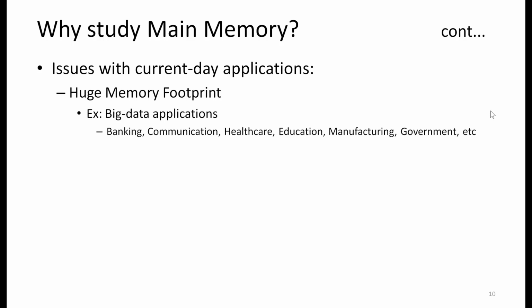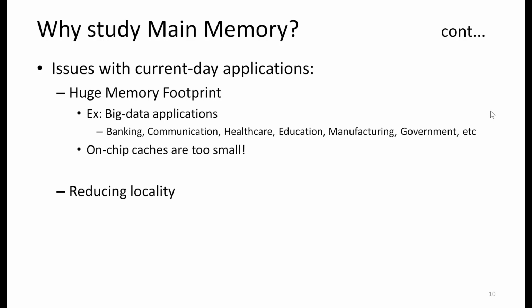They are widely deployed in banking, communication, healthcare and insurance, education, manufacturing, government, trade, etc. Everywhere we have these big data applications which have a huge memory footprint, which typically doesn't fit in our on-chip caches. What it means is the on-chip caches will have a lot more misses and we will end up coming to the main memory.